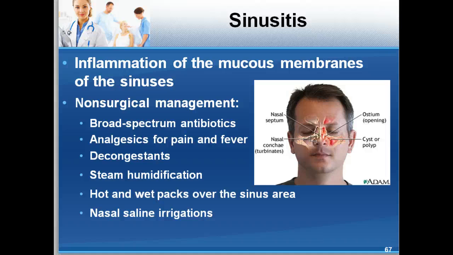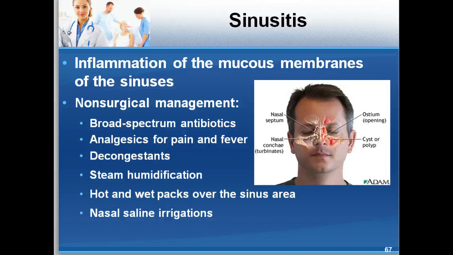Unlike rhinitis, which is inflammation of the nasal mucosa, inflammation of the mucous membranes of the sinuses is sinusitis. For non-surgical management, you just use antibiotics, because most of these are bacterial. You have analgesics for pain and fever, and then you have decongestants.